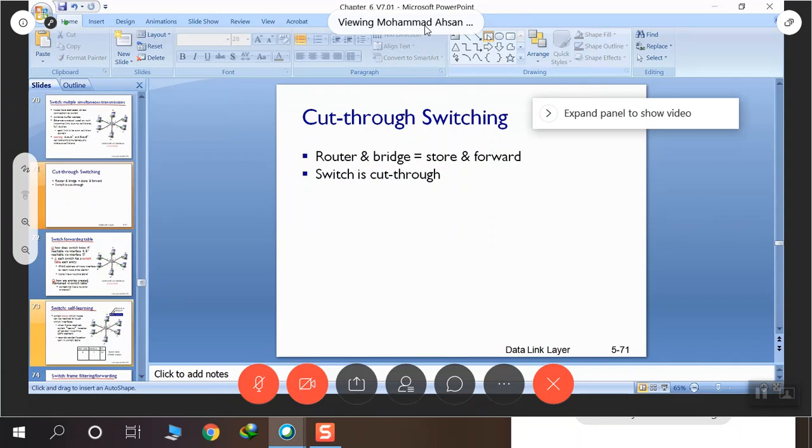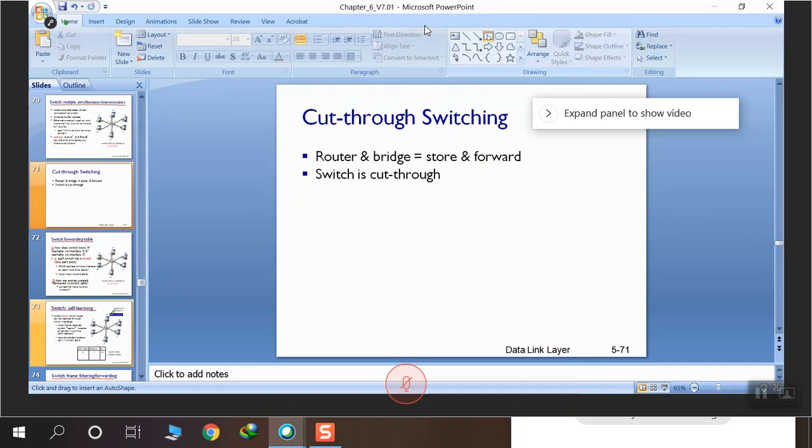In this case, let's say this is interface 1 and this is interface 2. A packet starts arriving at the inbound link. Let's say this is the packet, so it would have ones and zeros within it.